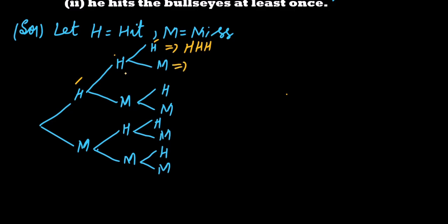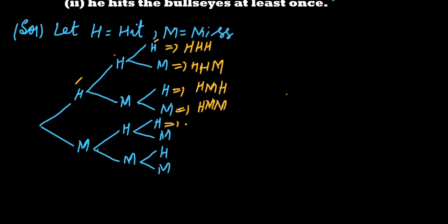From this branch, he has the possible outcomes HHH, HHM. From here, HMH. From this branch, the possible outcome is HMM.